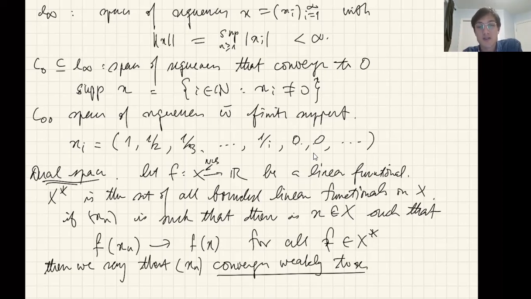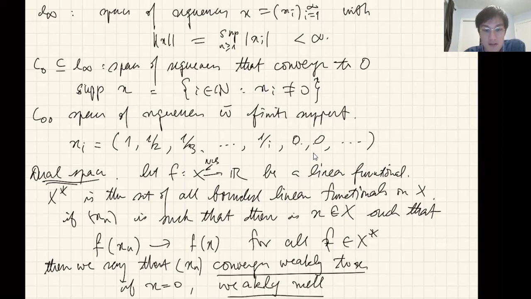As far as the functionals are concerned, xn converges to x. If x equals 0, we say that the sequence xn is weakly null. That just means it converges weakly to 0.